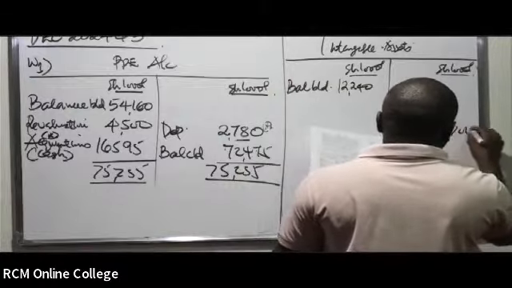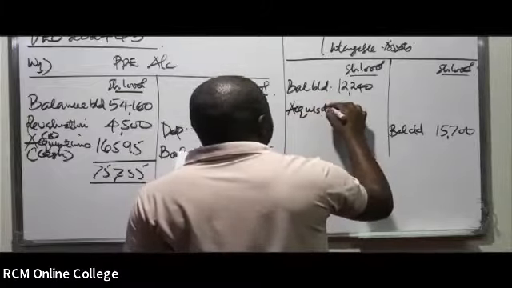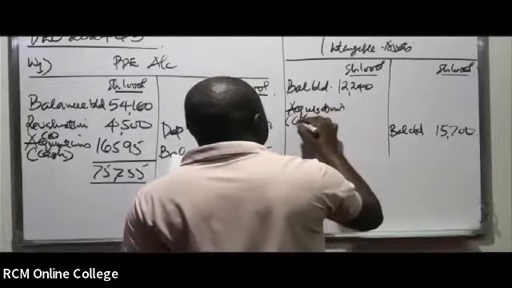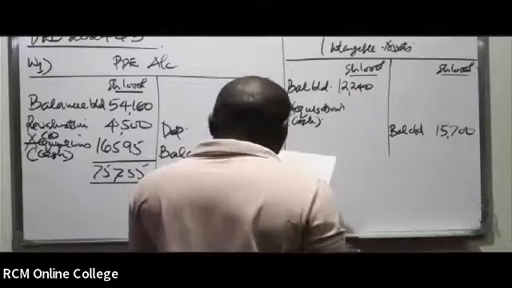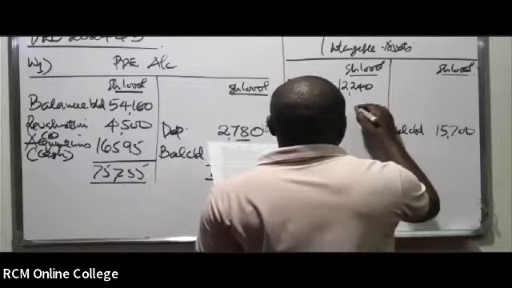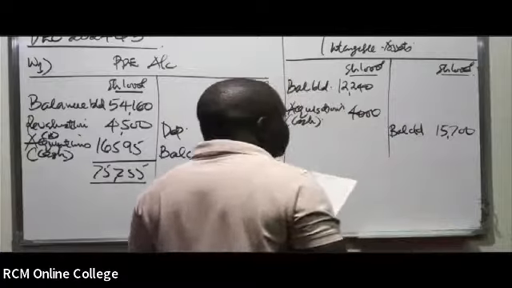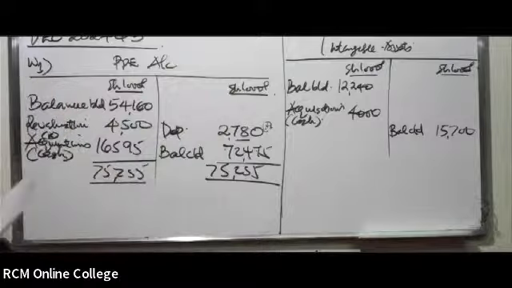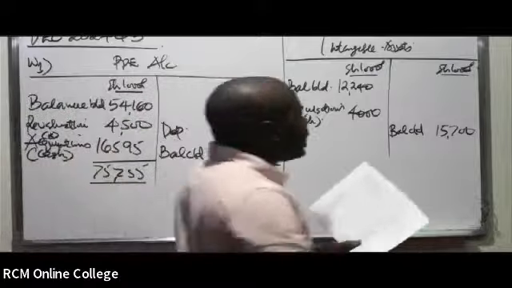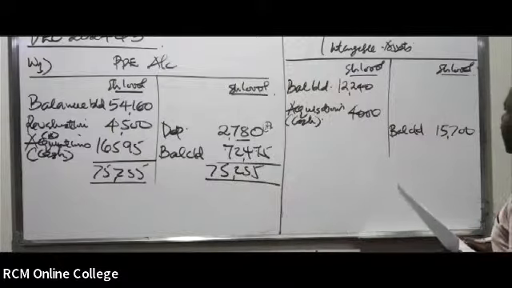This one is actually 15,700. You've already been told there were acquisitions, which they spent cash on, of an amount of 4 million. So you are supposed to get the balancing figure. And of course, if it comes this side, it basically means there was loss of value on these assets.